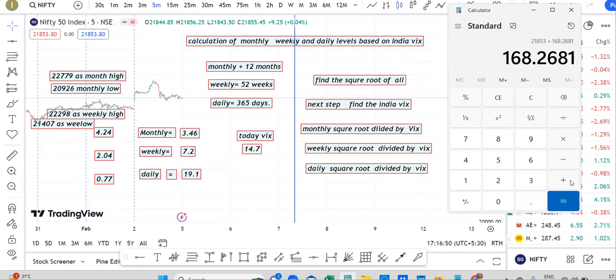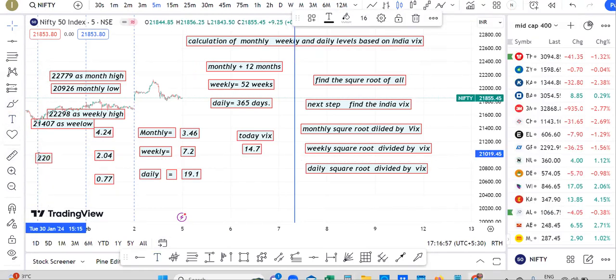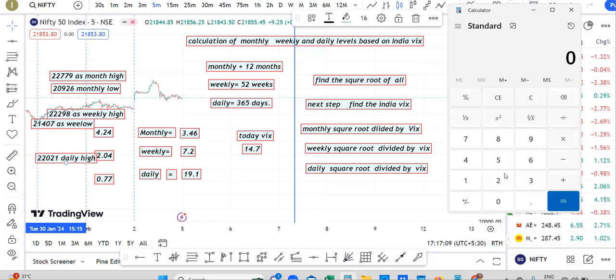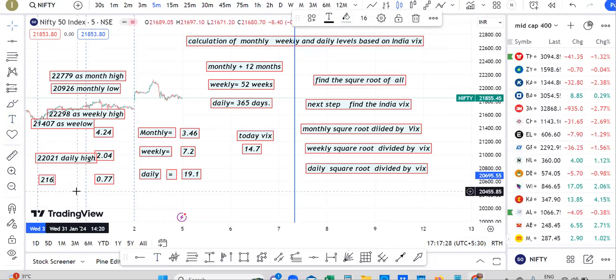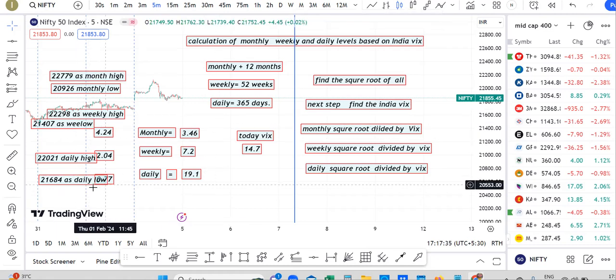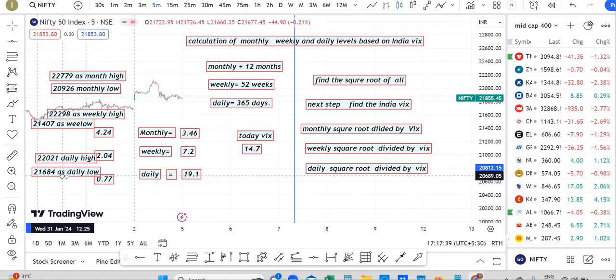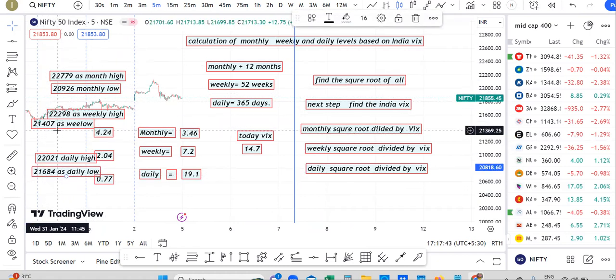It gives 22,021 as daily high. Same way, I'll calculate the low level. 21,853 minus 0.77% is equal to 21,684 as daily low.